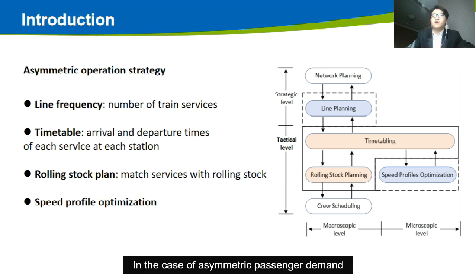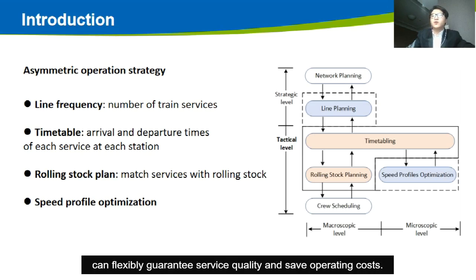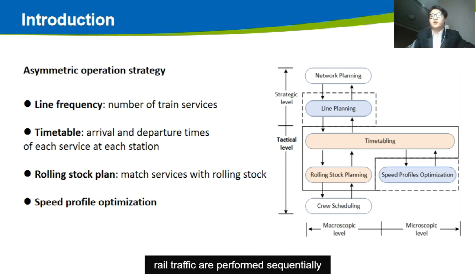In the case of asymmetric passenger demand, using asymmetric rail plans in different directions can flexibly guarantee service quality and save operating cost. In the conventional method, the procedures in planning rail traffic are performed sequentially, as shown in the right figure. Although each procedure can be solved more easily, some problems may occur.